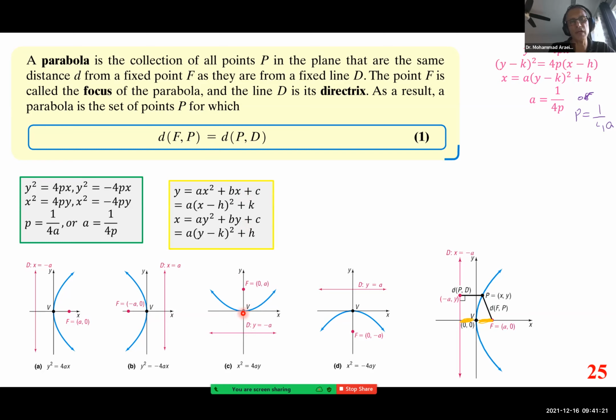So wherever the vertex is, you have to go up, which means the x coordinate doesn't change. You go up by p units, and that gives you the focus. You go down by p units and write the equation, which is in this case, y equals a number. So please understand, the directrix and the axis of symmetry are perpendicular.